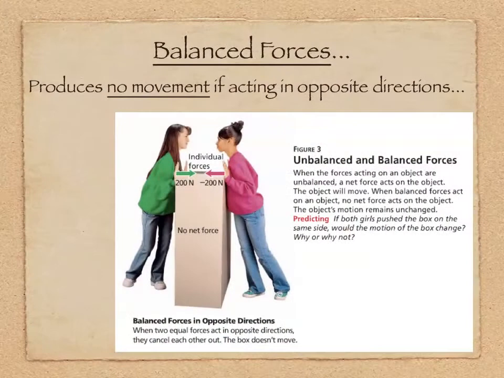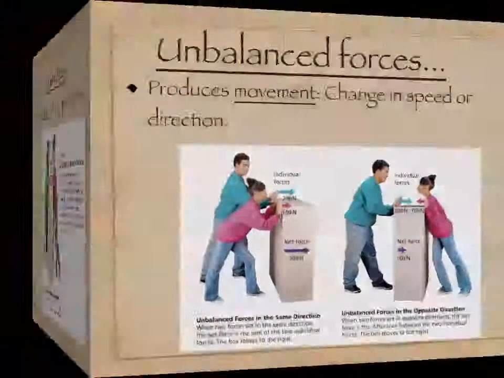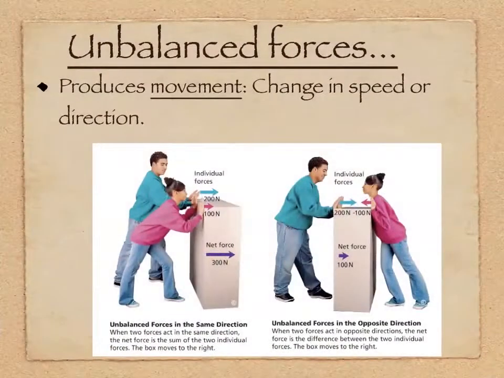And here's an example of what balanced forces look like. Balanced forces produce no overall movement if they're acting in opposite directions. So the 2 people pushing it with equal force but in opposite direction produces no motion. Unbalanced forces, on the other hand, produce movement, a change in speed or direction.